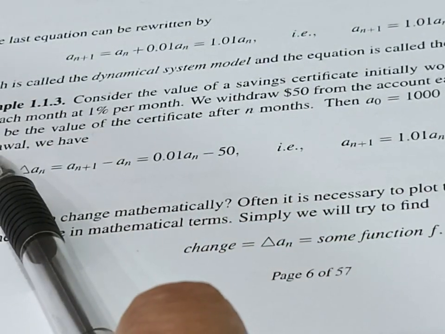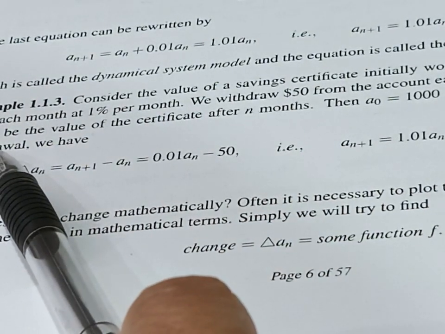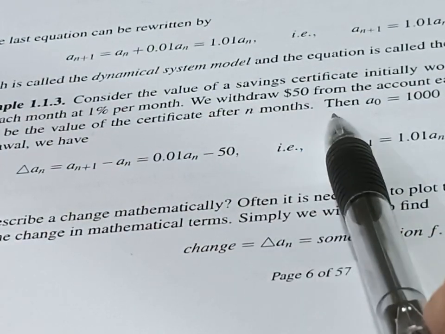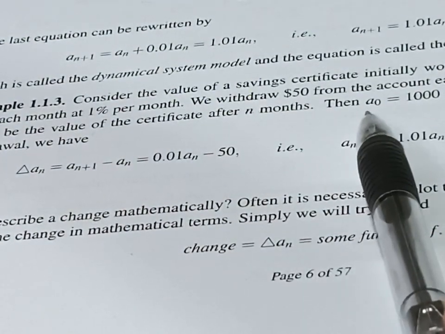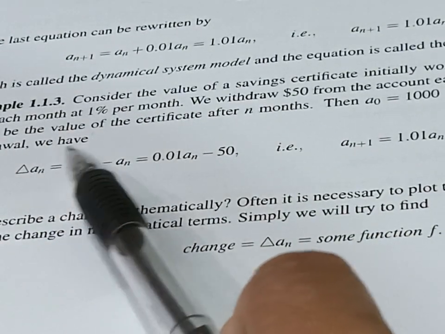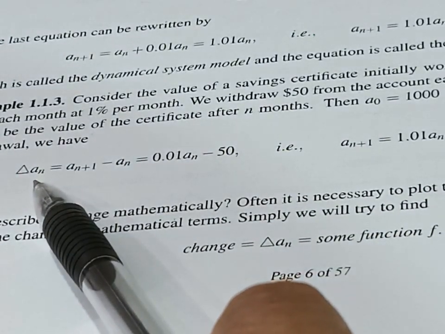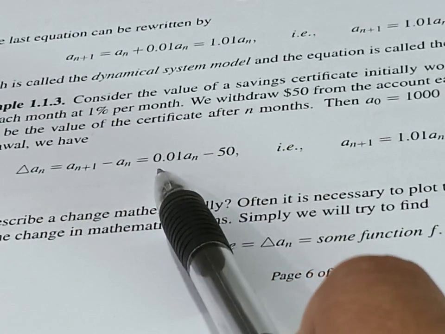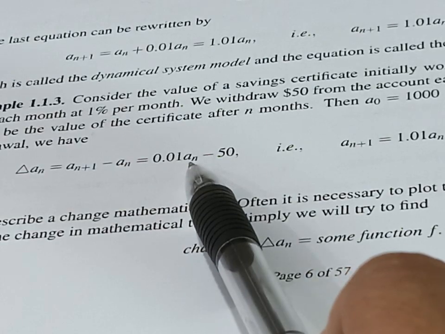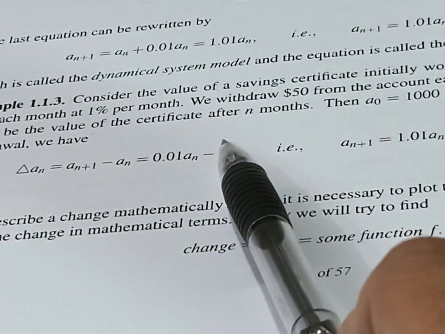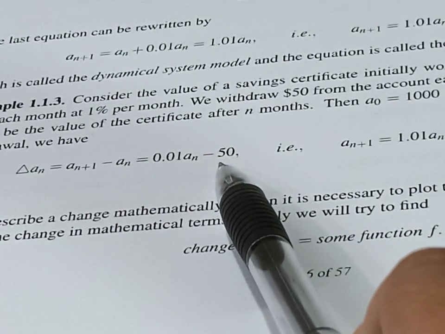Now let's assume A sub n is the value of the certificate after n months. Then the initial value is 1,000, and because of the interest and the withdrawal, we have the change delta a_n equal to a_(n+1) minus a_n, which is 0.01 a_n minus 50. So every month we deduct $50.